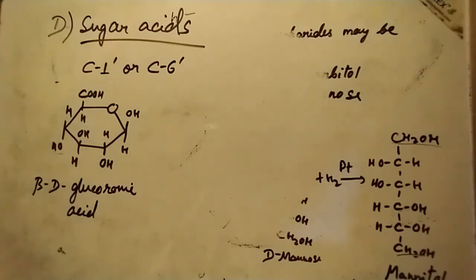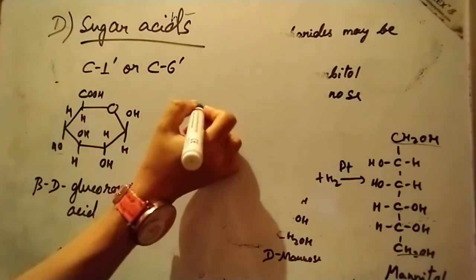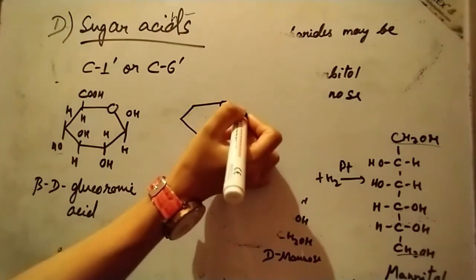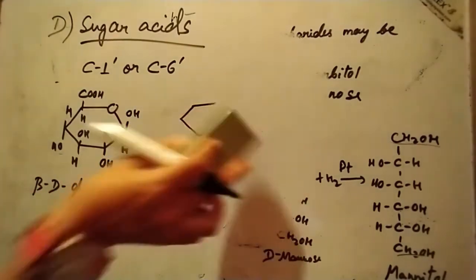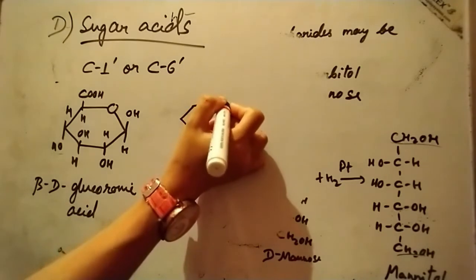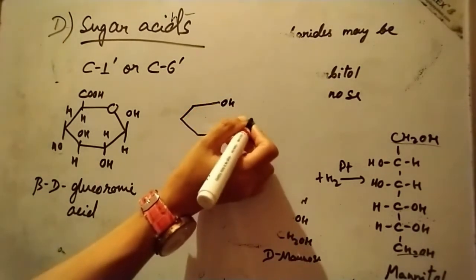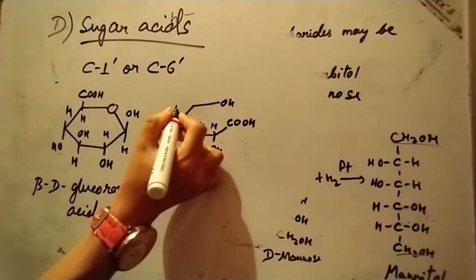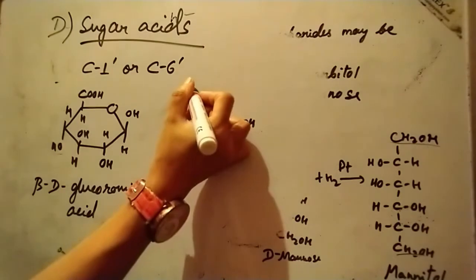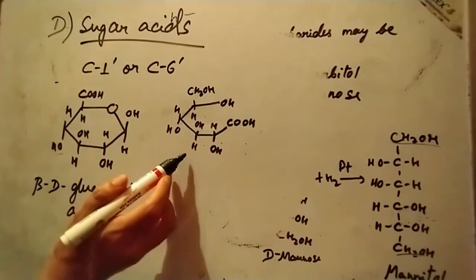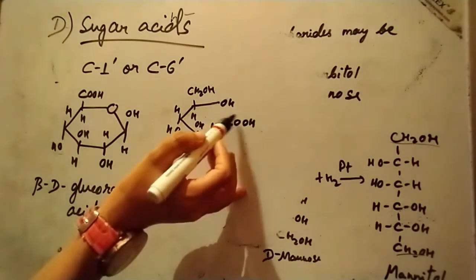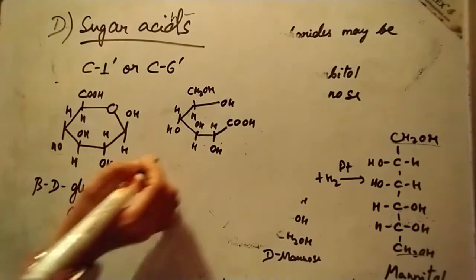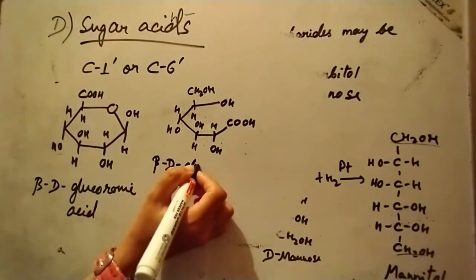Okay, and another example, as you can see here, the carbon number 1 of a sugar molecule gets oxidized to carboxylic acid. This is termed as beta-D-gluconic acid.